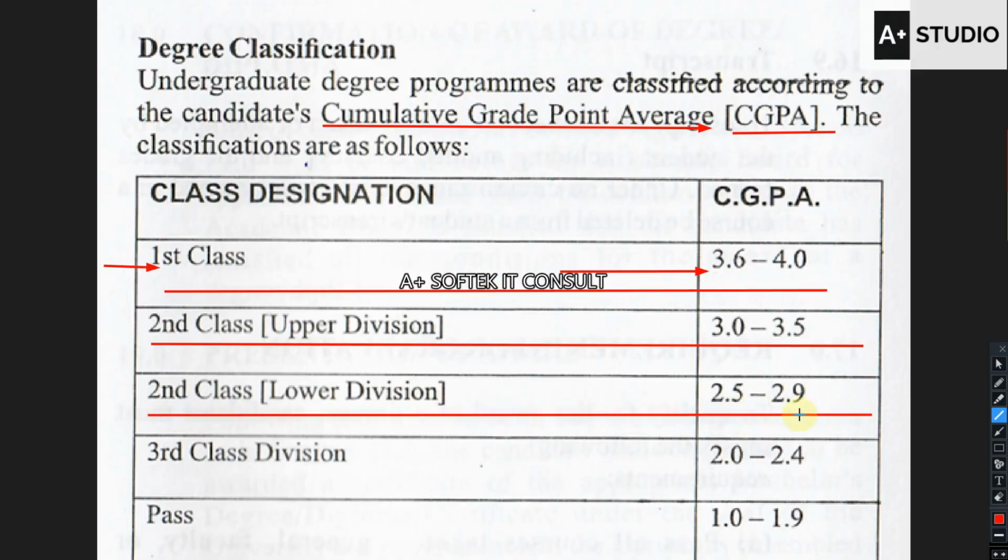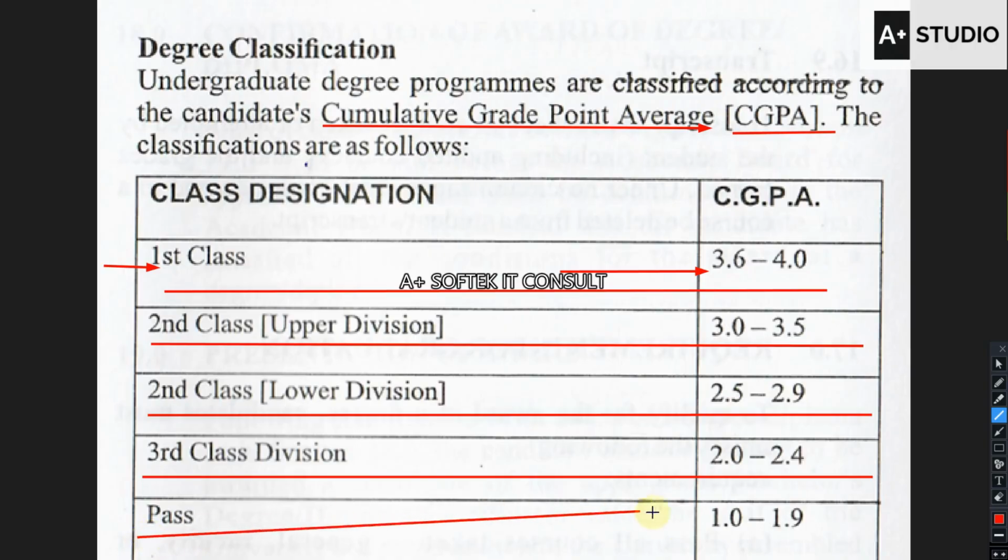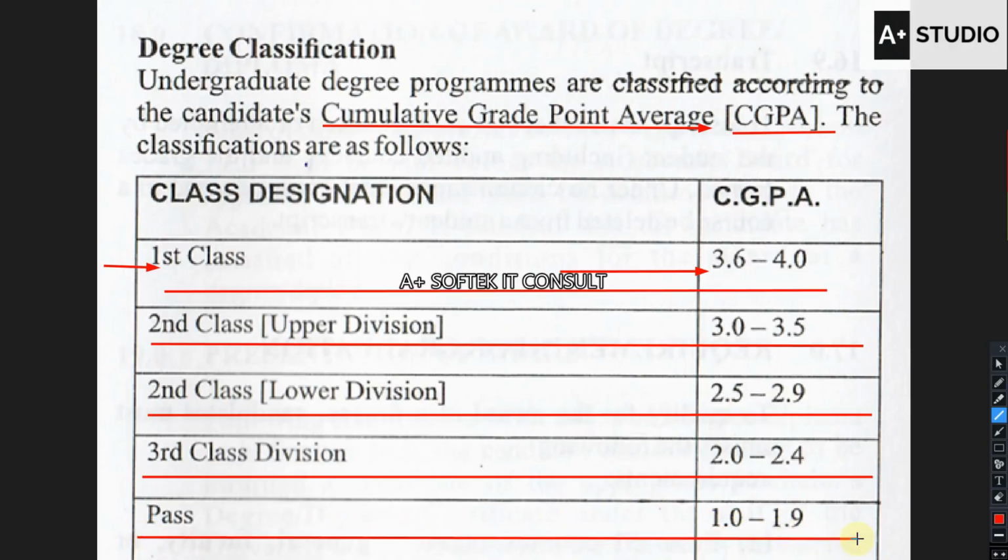And then the next one is third class division, that is 2.0 to 2.4. And the last one is the pass, that is 1.0 to 1.9.